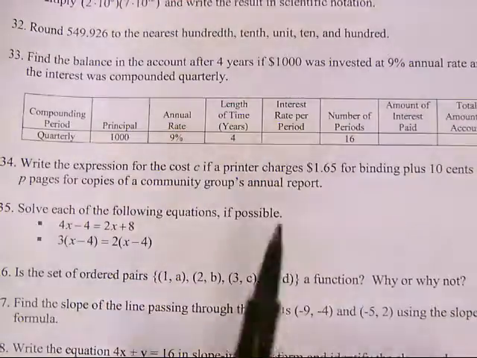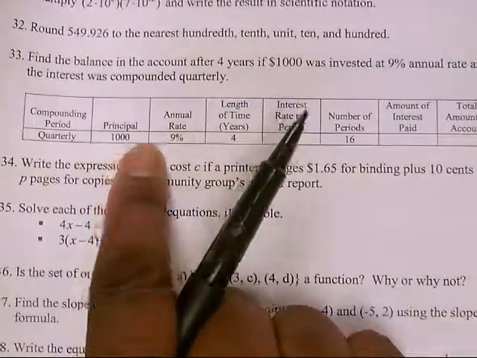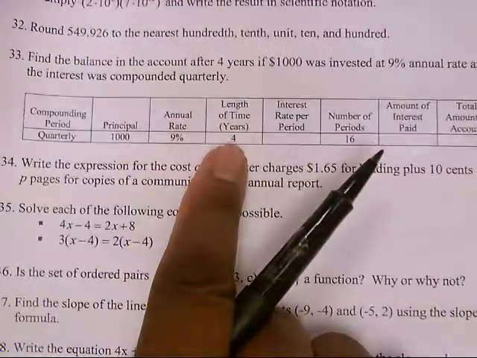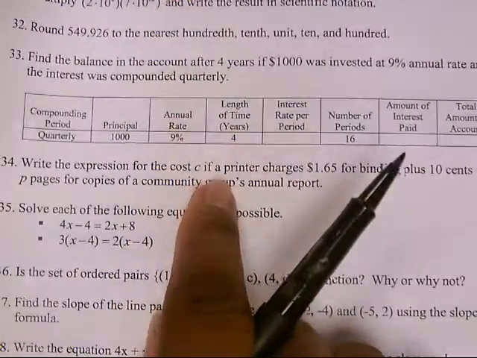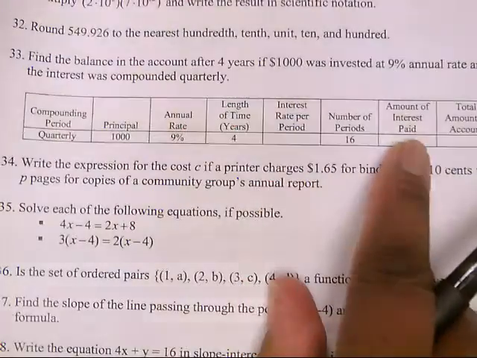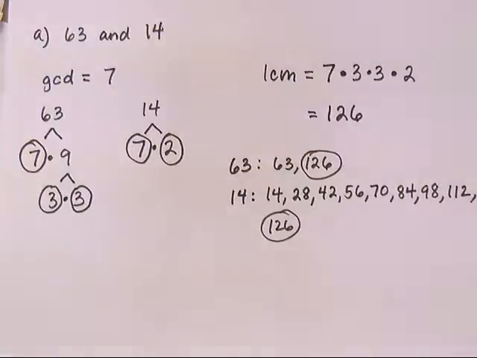Here you see the compounding period, which is quarterly. The principal is $1,000. The annual interest rate is 9%. The length of time is 4 years. We need the interest rate per period, the amount of the interest paid, and the total amount in the account. Okay, so I'm going to show you how that's going to be done.